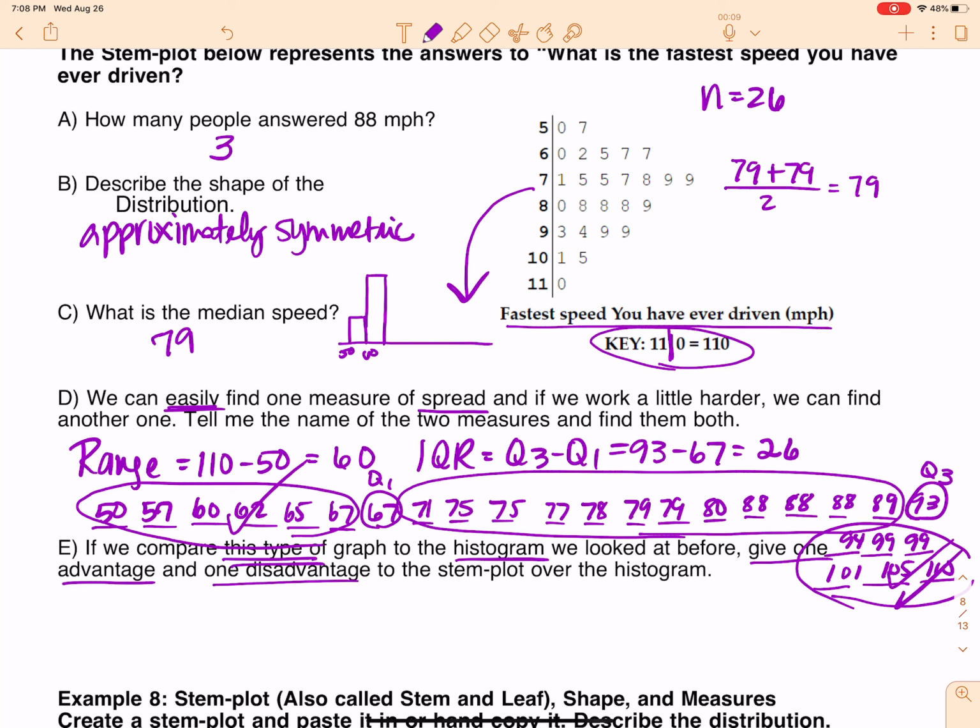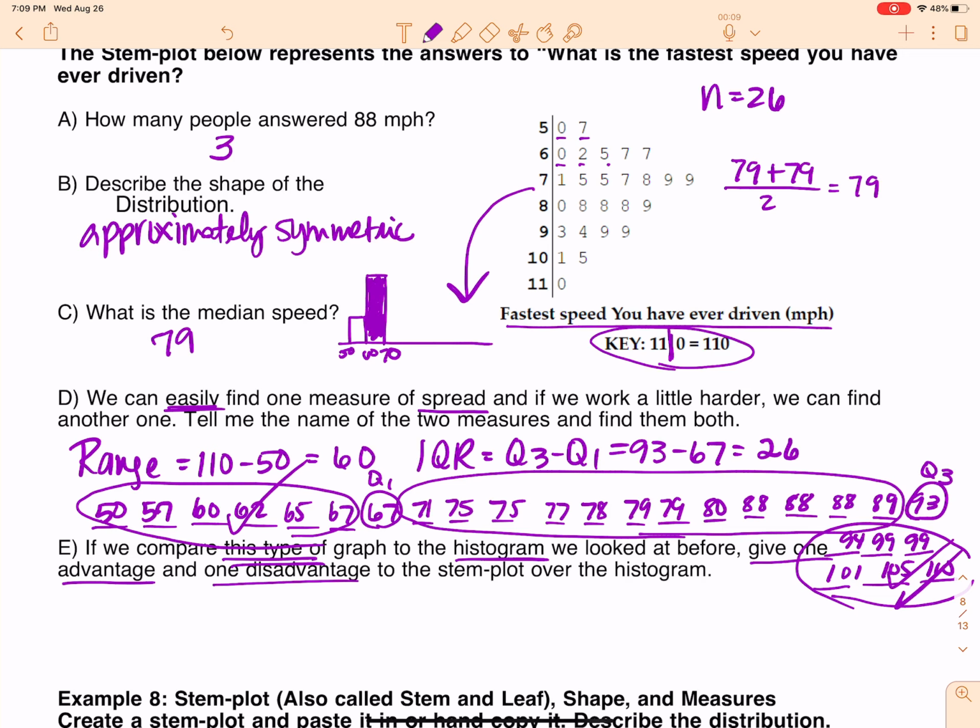So the bins are great to show you how many data pieces are in a certain range of values, but guess what happens? All of your individual pieces of data get lost. Because when I'm looking at a bin that starts with 60 and ends with 70, I can count how many pieces of data are between 60 and 70, but I don't know what they are. They could all be 63. They could be 63 and 64 and 61. I don't know.